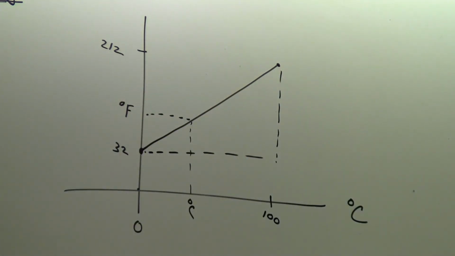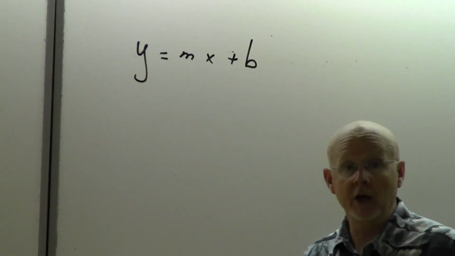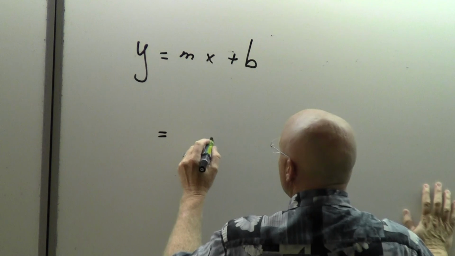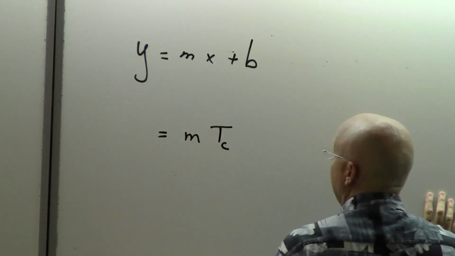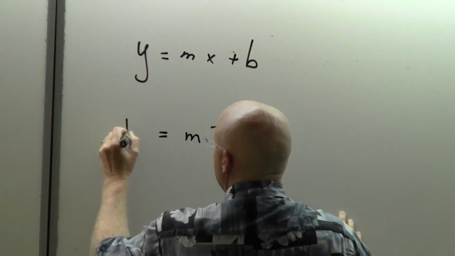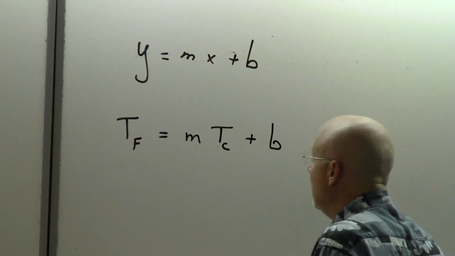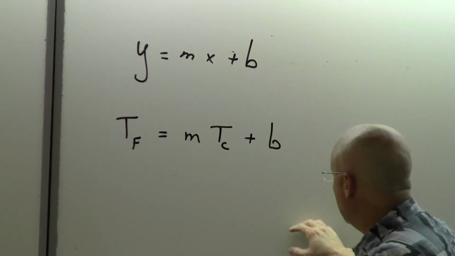In your algebra class, you probably remember that y equals mx plus b is the equation for a line. So if we let x represent the temperature on the Celsius scale, and we let y be the temperature on the Fahrenheit scale, this would be our mathematical tool for going from one to another.